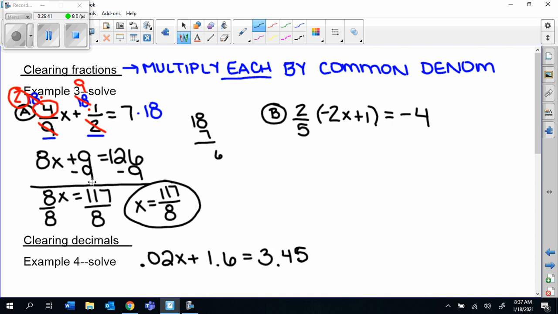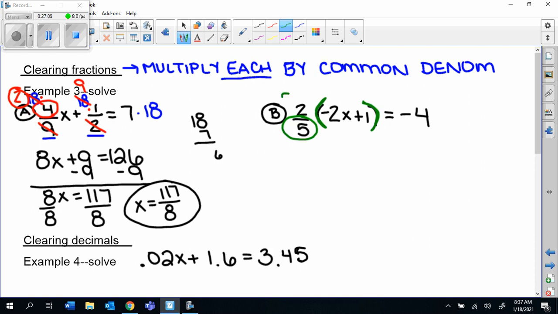Let's try it again over here. I only see this fraction here, this 2/5. I would clear this fraction out before I distributed it. So the only thing I need to get rid of is that 5. That is my common denominator. Since I have not multiplied anything yet, this is kind of protected by those parentheses.